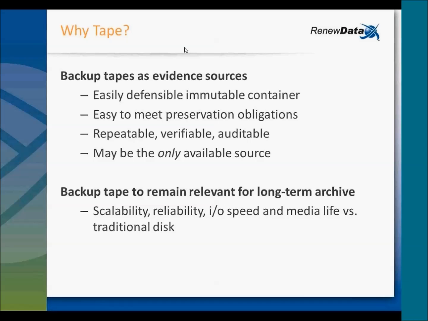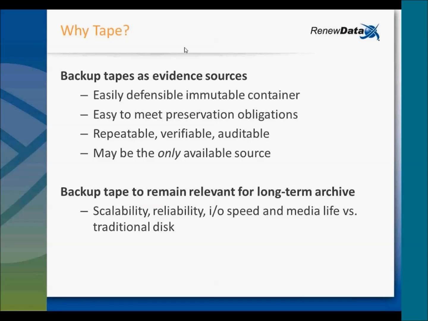And chain of custody really isn't an issue, first because you can't edit the tapes, and also because movement of tapes is typically logged as they typically go to off-site storage like an Iron Mountain or Recall. So you have paperwork regarding where they are and usually what's on them as well. So what makes it nice from that point forward is any evidence you find, any emails or files that are particularly important, are usually auditable back to the tape.